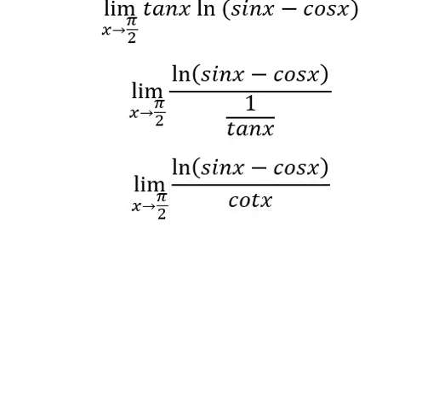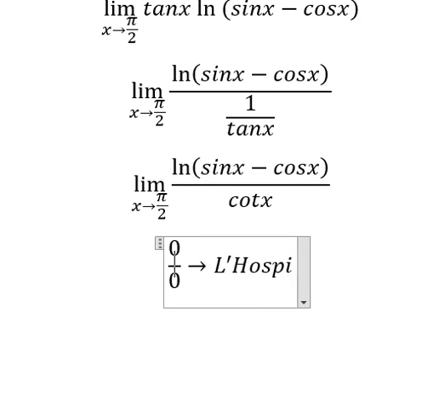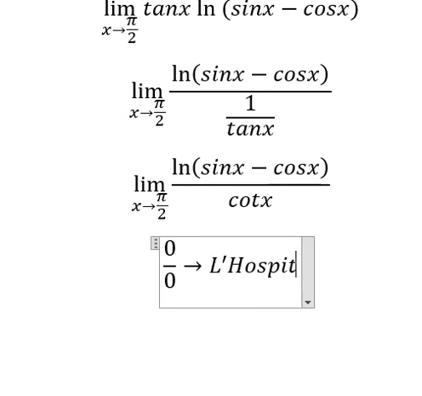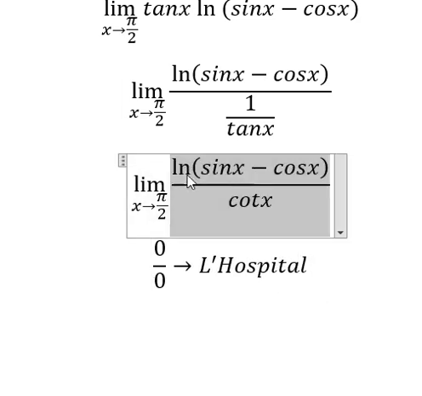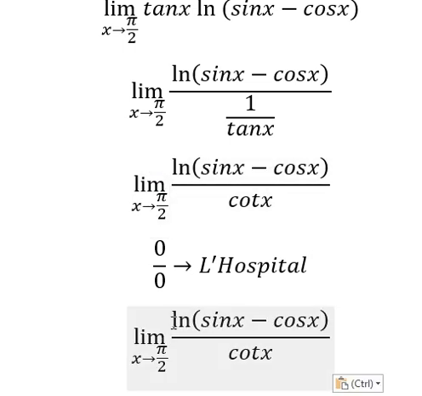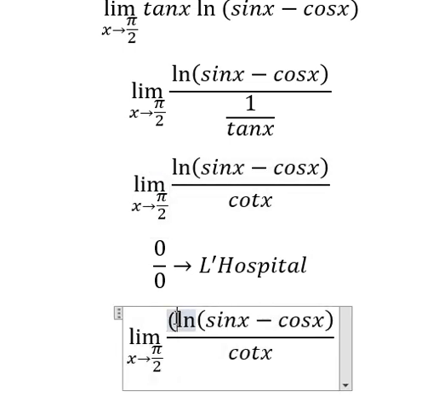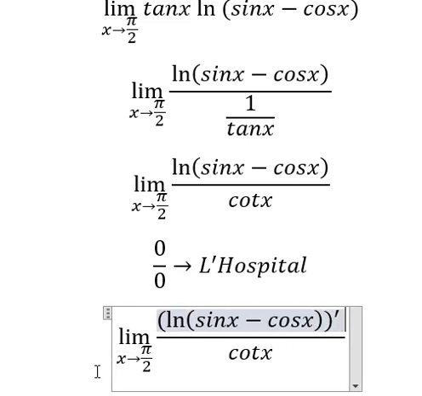So we have 0 over 0. So we can use L'Hospital. That means we need to do first the derivative on the numerator and the denominator.